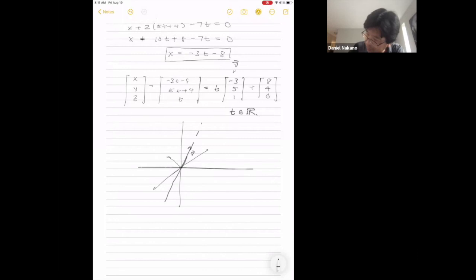So let's say this is the vector w over here. And then I just shift this line up to this place up here. Okay, so it's an equation of a line. So this is what we get. We get the equation of a line. So there are infinitely many solutions.